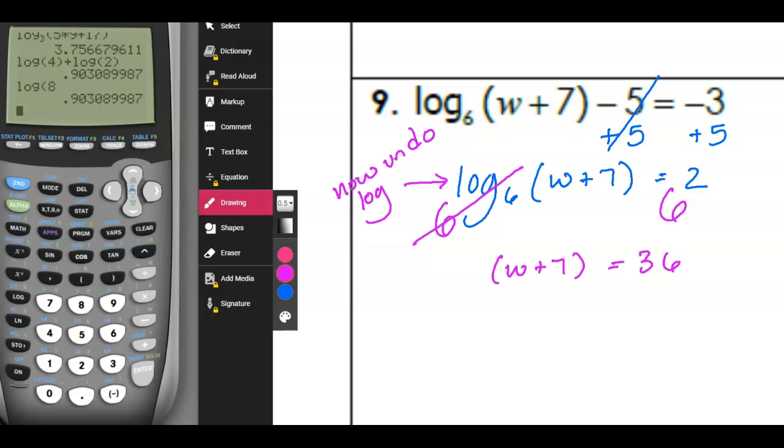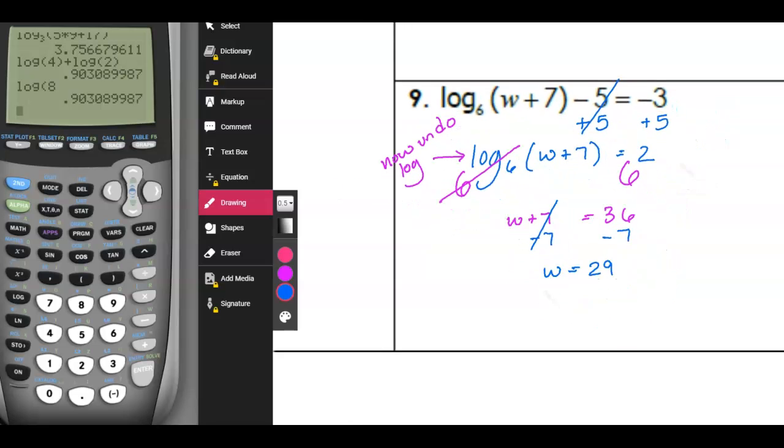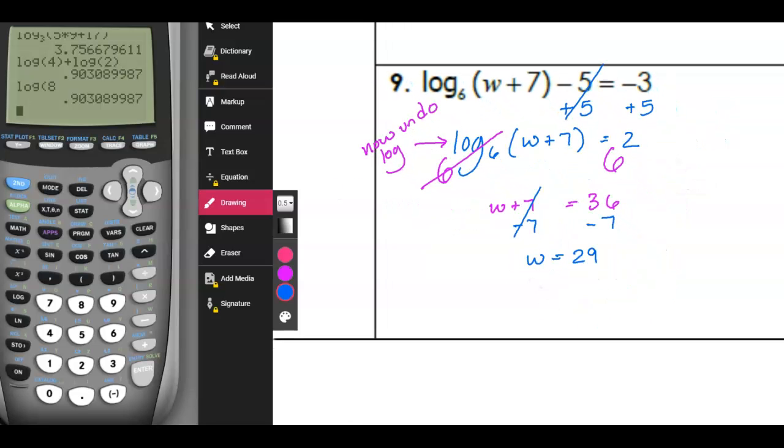Now what? You just solve for w. So you subtract 7. And what does w equal to? 29. What do we need to make sure to check for, though?